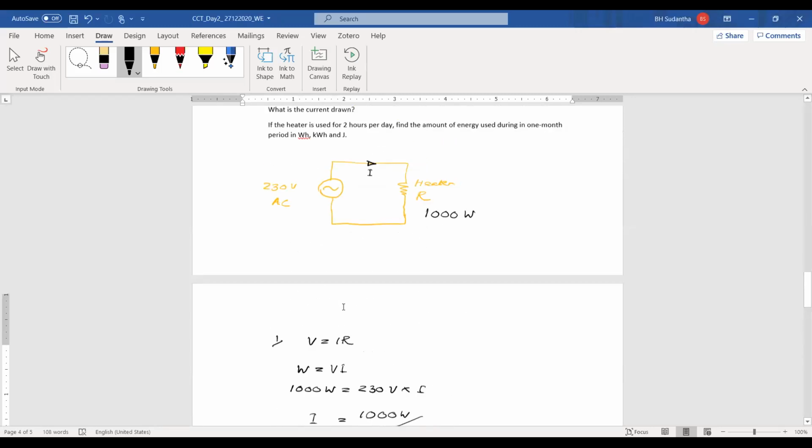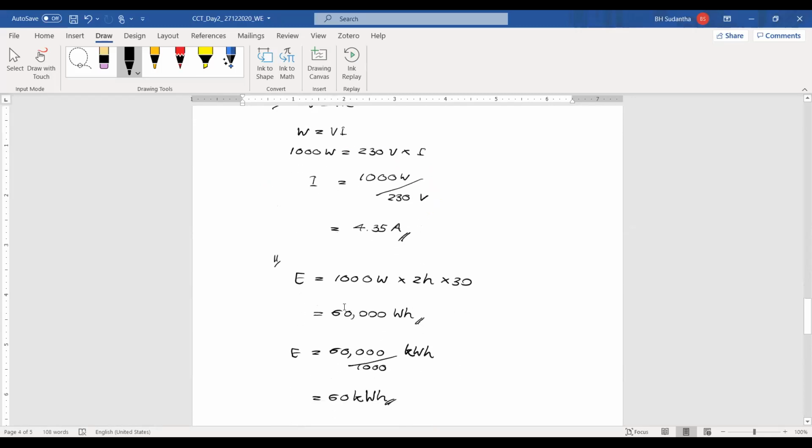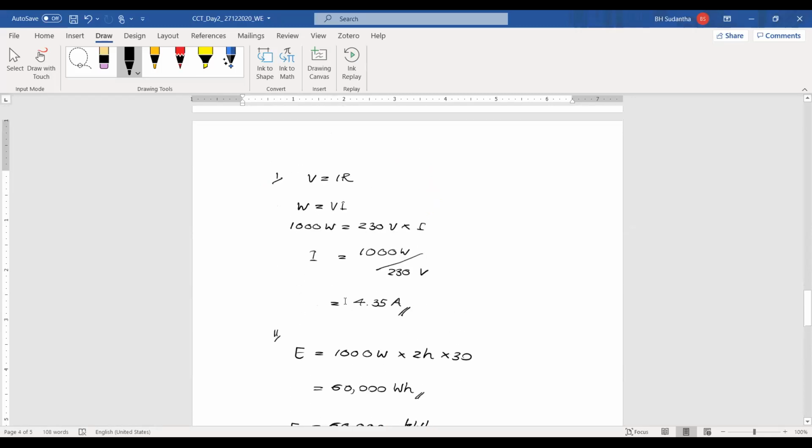Now, these are the basics that we are going to discuss. With Ohm's law, you should be able to calculate whatever the value, V or I or R. Then after that, the voltage is coming.